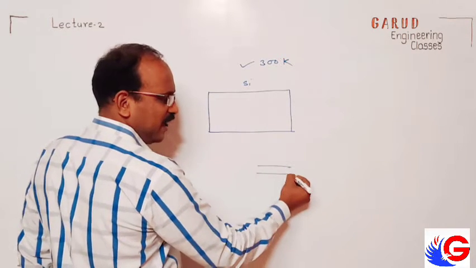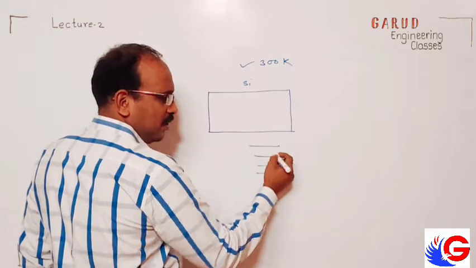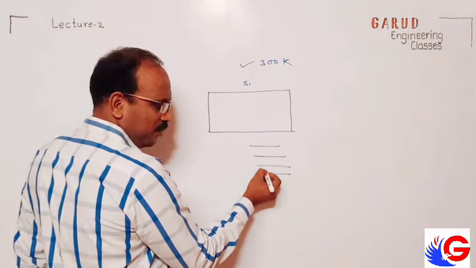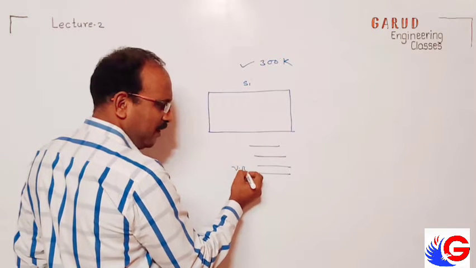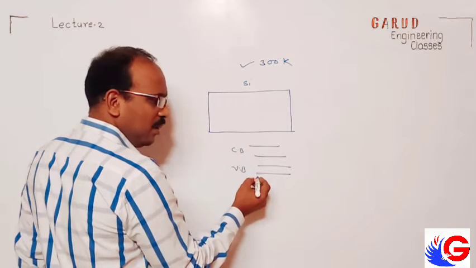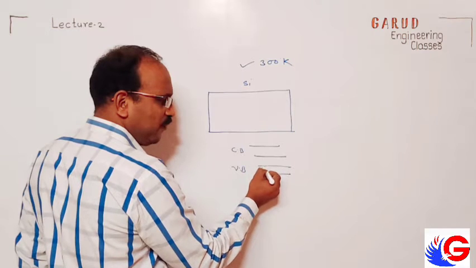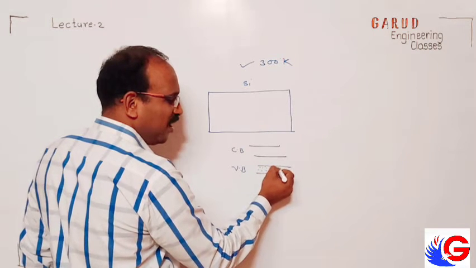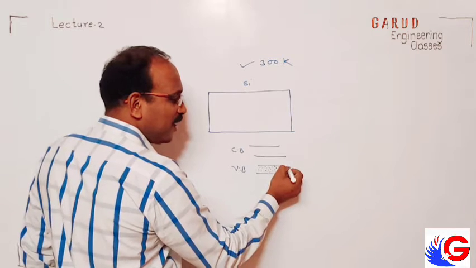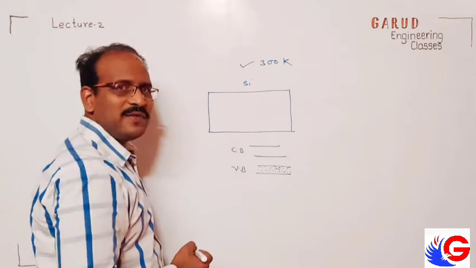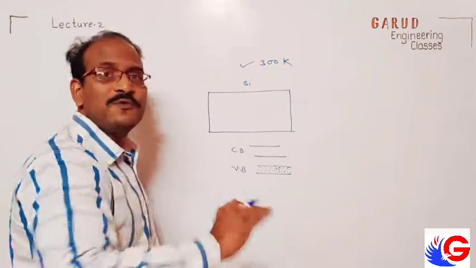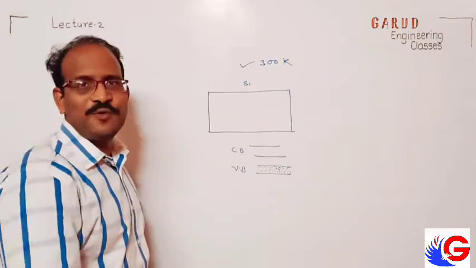Suppose this is the valence band and this is the conduction band. The valence band is always full for any material, whether insulator, conductor or semiconductor. Silicon is a semiconductor, as you know from physics. The valence band is always full for any type of solid.